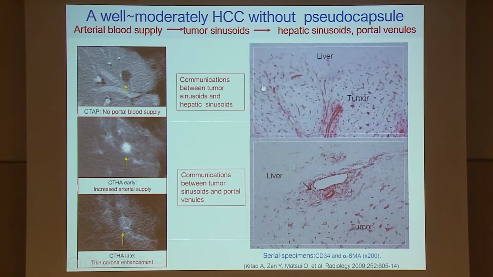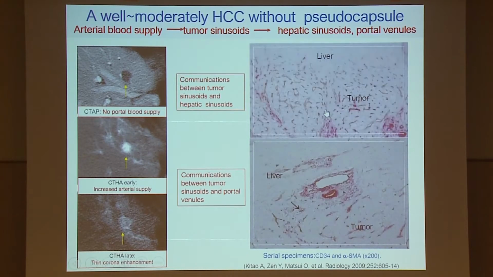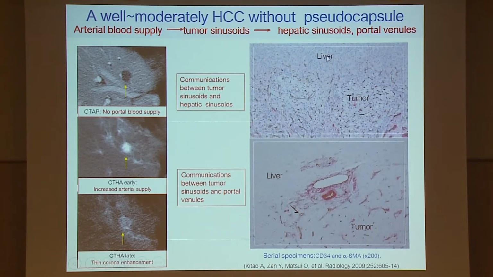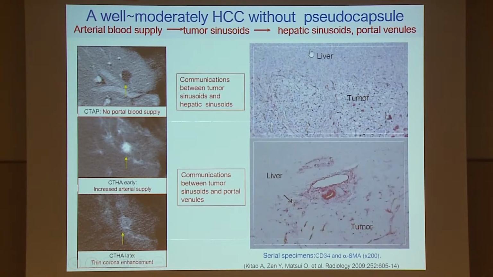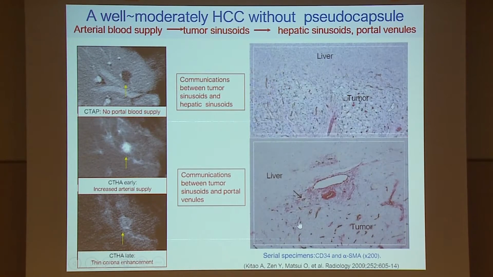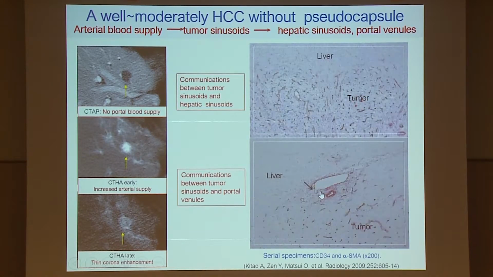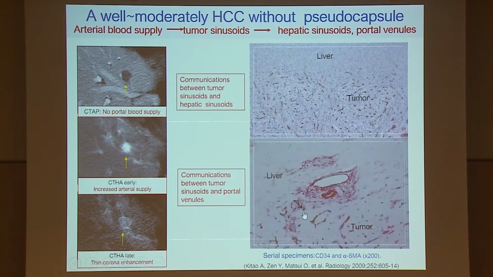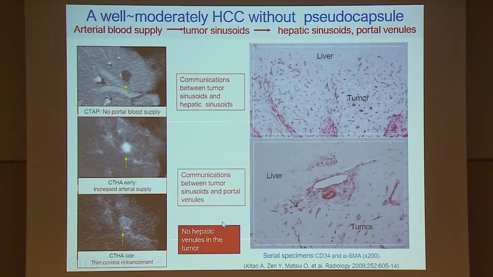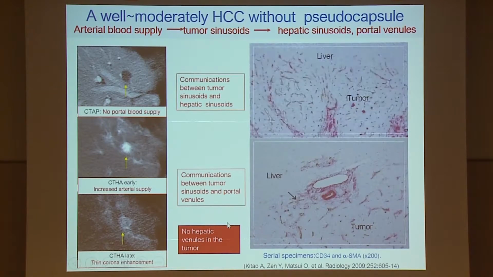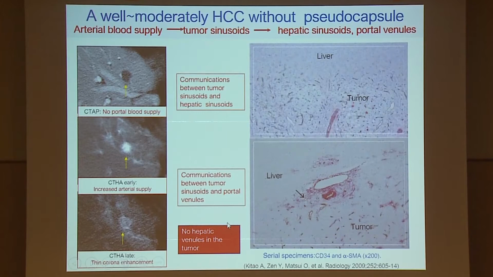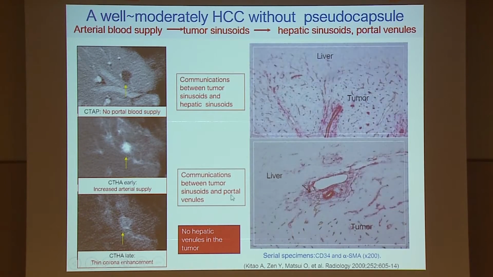And there are abundant communications between tumor sinusoid and surrounding hepatic sinusoid. This is one route. And the other route is direct connection between tumor sinusoid and perinodular portal vein or intranodular portal vein. And hepatic vein is almost disappeared in this kind of HCC.